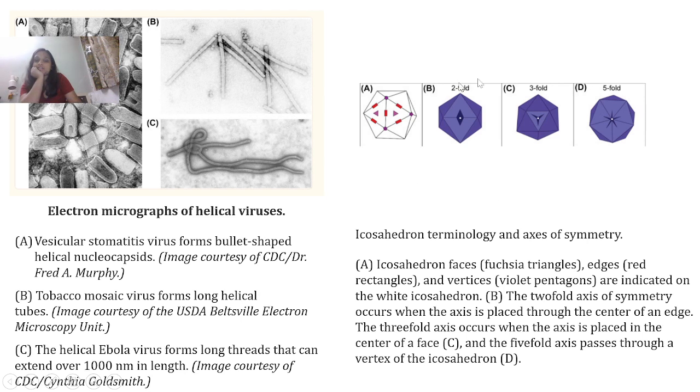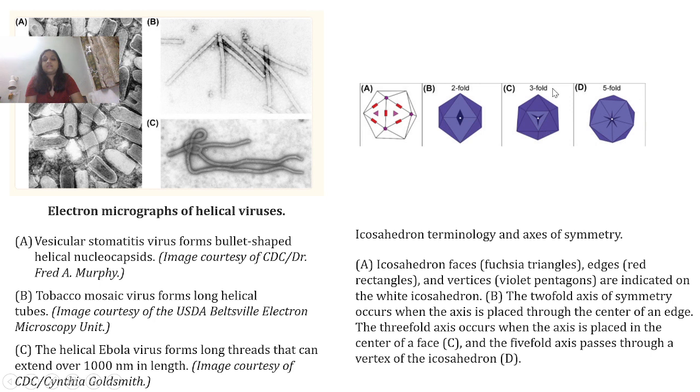And this is the icosahedral terminology and axis of symmetry. This is the icosahedron: faces like fuchsia triangles, edges, red rectangles, and vertices, violet pentagons. And that is the whole head of the virus, you can tell. There are different kinds of symmetry which are present. They can be twofold, threefold, or fivefold. Twofold axis of symmetry means the axis is placed through the center of an edge.